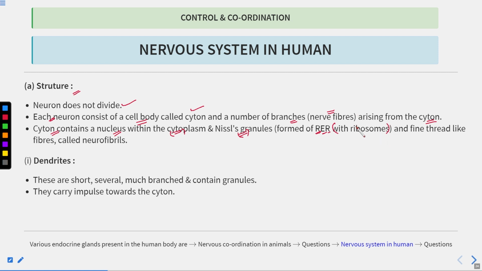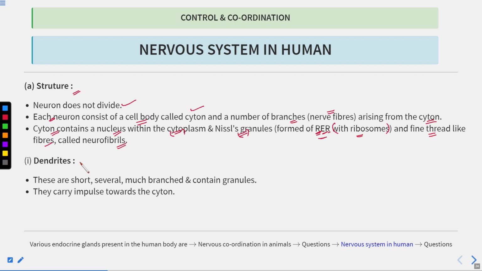These are involved in protein synthesis. So it consists of a nucleus in the cytoplasm, Nissl's granules, and fine thread-like fibers known as neurofibrils.